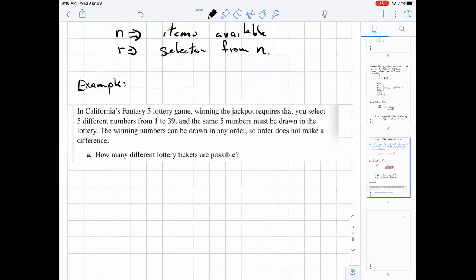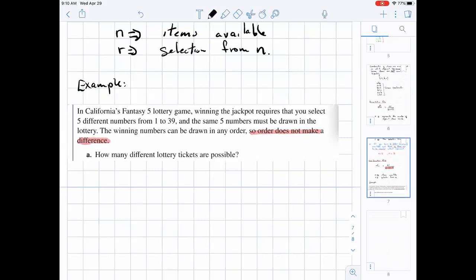Now notice here that this will be a combination because the order in which you select them doesn't matter. When you select lottery numbers, the order doesn't really matter in this case, and it tells you here that order does not make a difference.